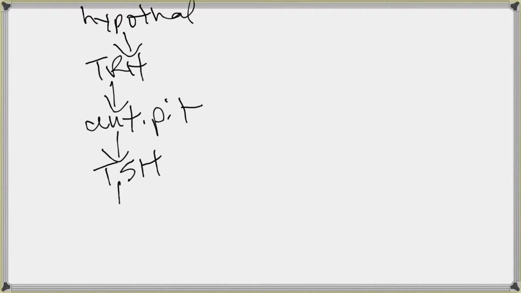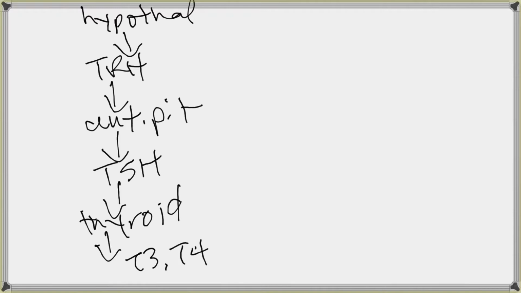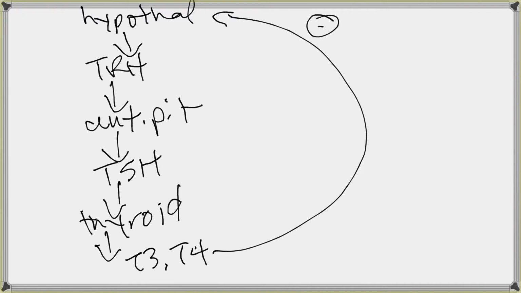And then TSH goes to the thyroid, and it secretes T3 and T4. And the normal feedback mechanism is, because it's lipid soluble, it can go all the way back to the hypothalamus and inhibit release of TRH, but it can also go to the anterior pituitary and inhibit release of TSH. So let's break it in three different places.